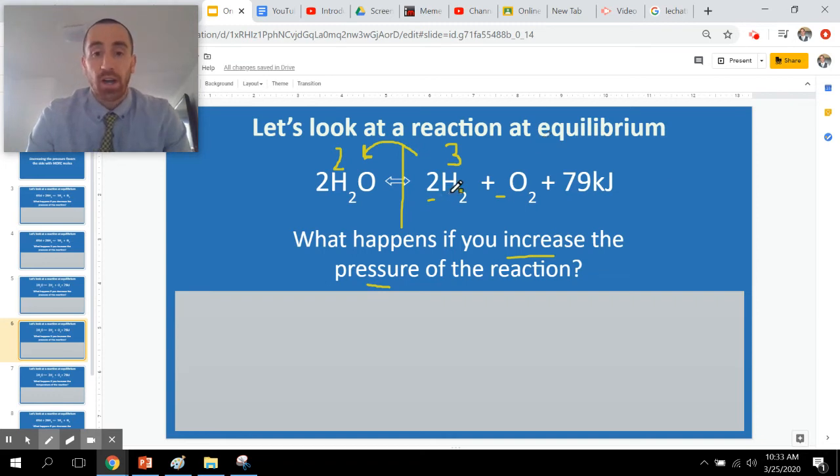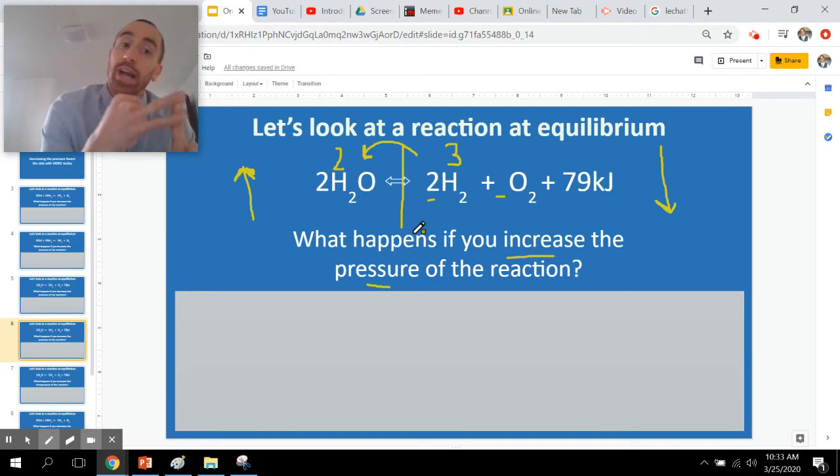And therefore, the concentrations of H2 and O2, you're going to use those up as you make more H2O, and therefore the concentration of H2O will increase. Okay, so when these questions ask you what will happen if you make this change, you should always think about it in 2 parts. Which direction will it shift, and what will happen to the concentrations of reactants, and what will happen to the concentrations of products?